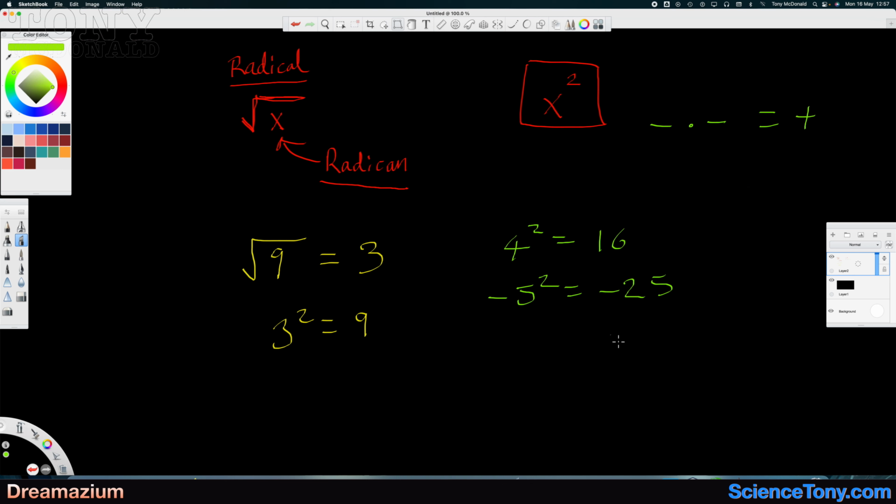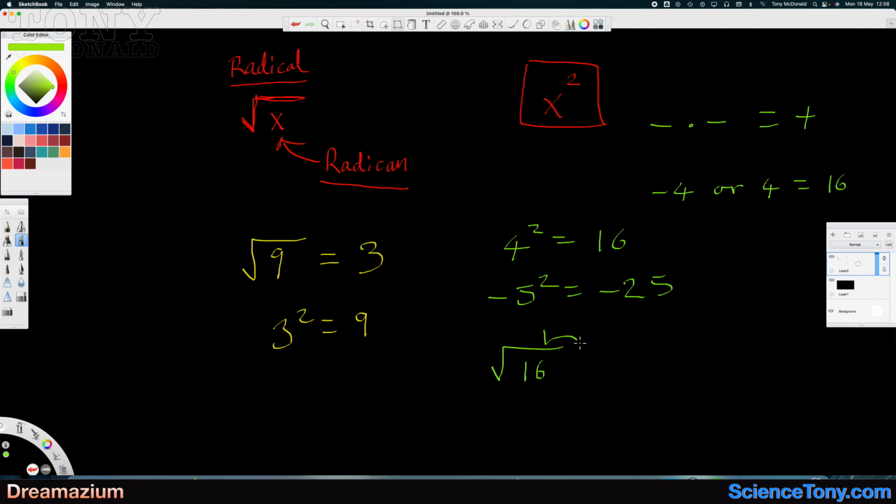So what does that mean for our radical? Well, if you're taking the square root of anything, let's just stick to something simple like 16, you might think this could be negative 4 or positive 4, because they would both square to 16.